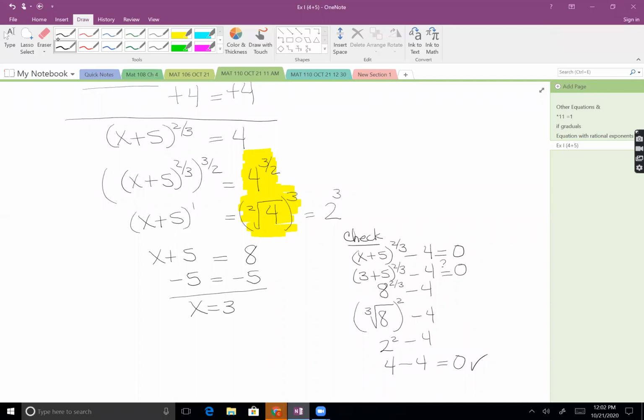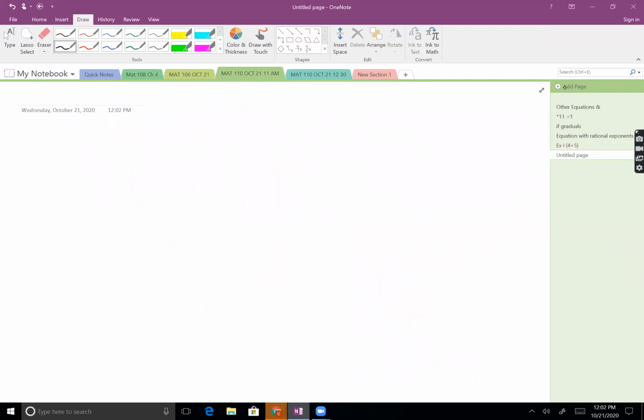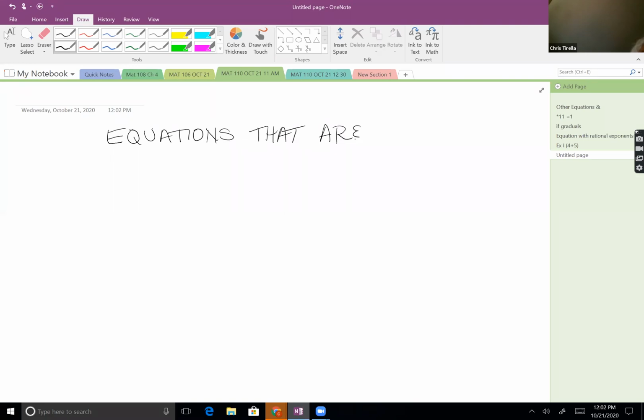there's one last type of equation that's in this section 1.6. And can I turn the page? Those are going to be equations that are, and we'll put this in quotes, quadratic in nature.